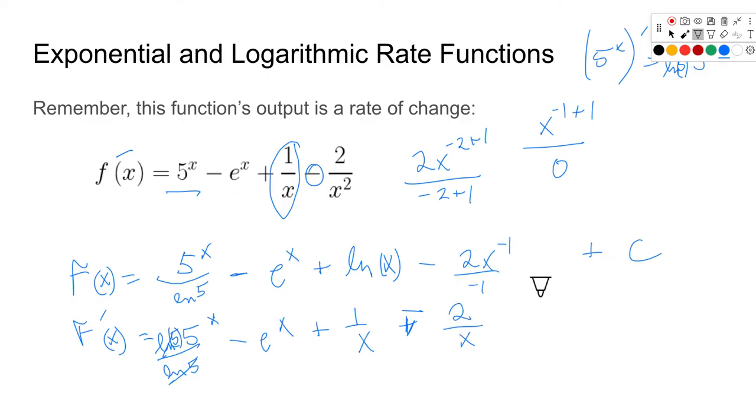I haven't cleaned it up yet, but before I clean up, I always want to check. So this was wrong, so we could take it out. Notice I've got this negative down there. I've accounted for everything here. If I take this derivative as it is, the negative comes down, negative times 2 is going to give us a plus 2.